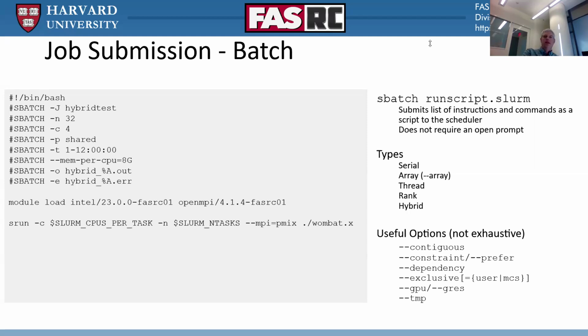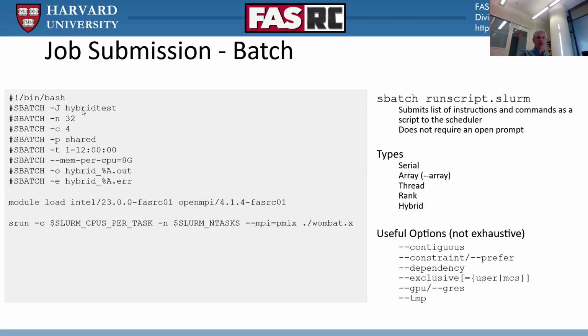If you do batch submissions, you probably learned this in the intro class, you have a bunch of different options here. You have the #!/bin/bash, which tells us that this is a batch script. Then you have all the #SBATCH lines, called pragmas, which indicate that there's an instruction for Slurm on this line, because normally a pound sign is a comment line, but #SBATCH says, hey, this is an instruction for Slurm.